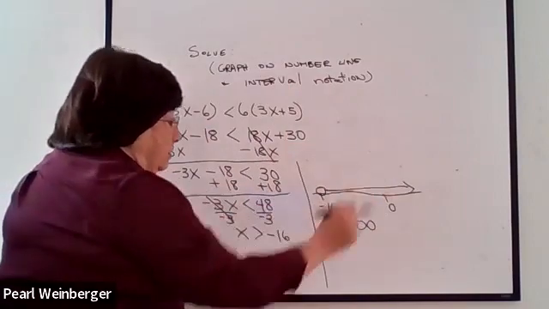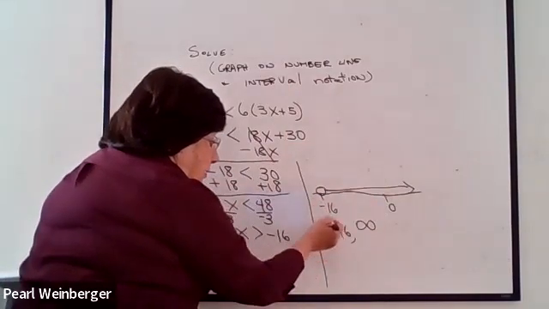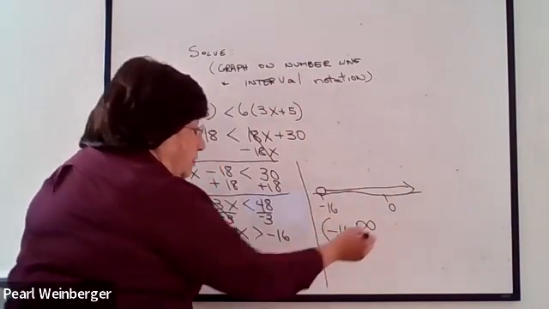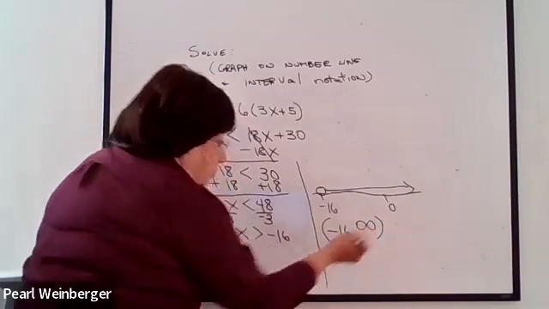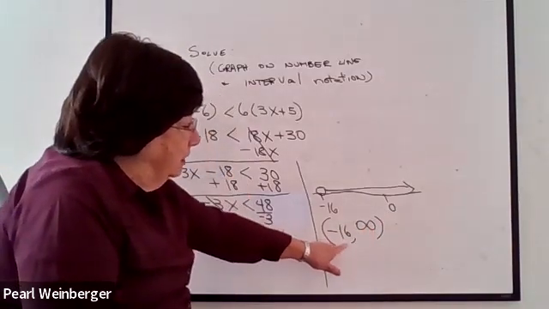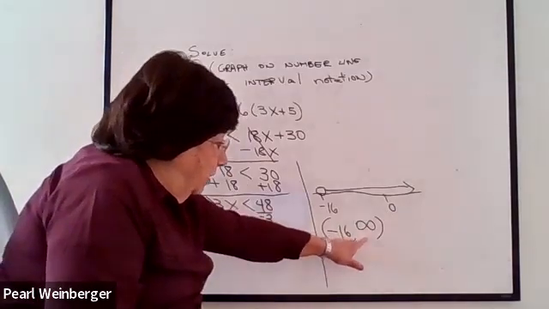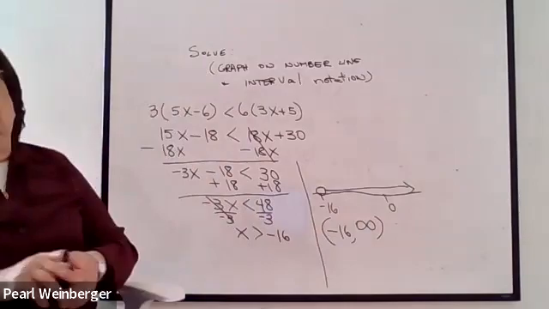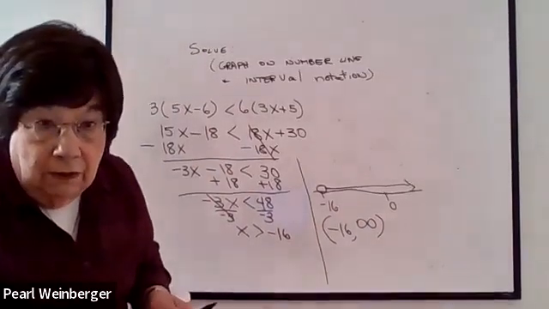So we're going to positive infinity. Since -16 is not included, we make it a regular parentheses, and the infinities also always get regular parentheses. So it would be parentheses -16, infinity, close parentheses, as our interval notation.